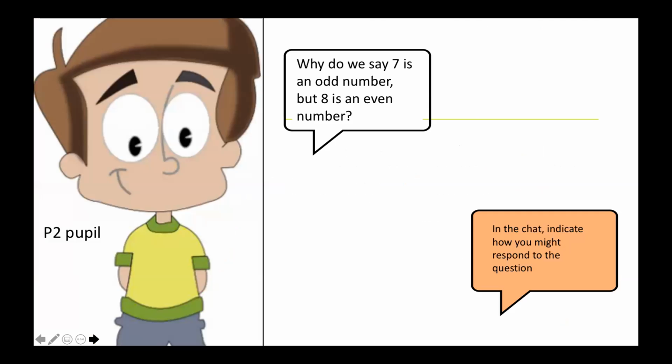And I wanted to start with a question, which is one I often ask primary teachers or math curriculum people. If you had a P2 pupil who said to you, why do we say that 7 is an odd number, but 8 is an even number? How would you respond with a P2 explanation of that?